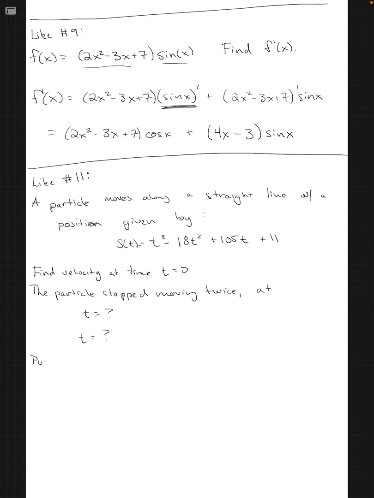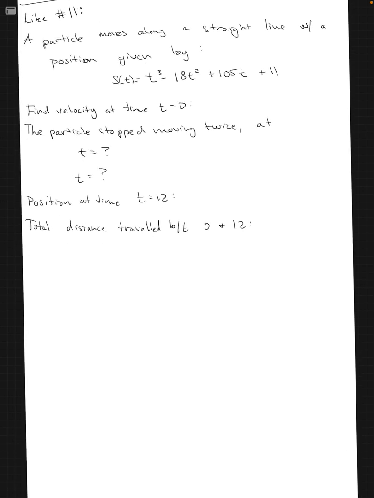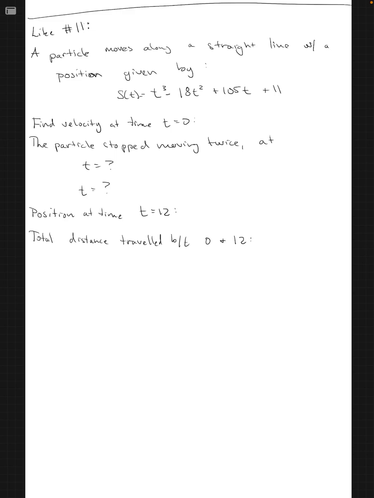And it asks for the position at time t equals 12. And it asks for the total distance traveled between 0 and 12. I think that's probably the one that got most of us tripped up, because we got to be real careful about that, and hopefully the pictures I draw will make it make sense.